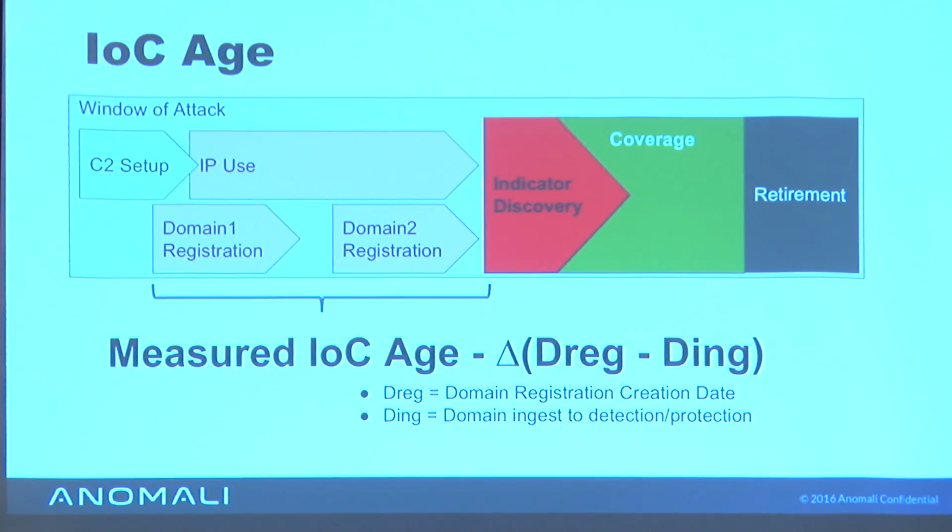After that, you apply that indicator to your detection and protection technologies, and you have coverage, and that indicator is now rendered useless for the actor. So what I did is I took a whole bunch of domains that are being ingested as network indicators and took a look at the delta between the date of the domain being registered and the date of the domain being ingested for detection and protection technologies, and then measured that delta.